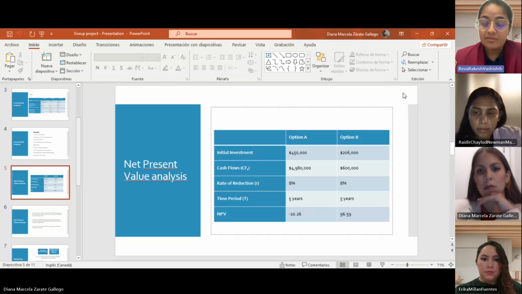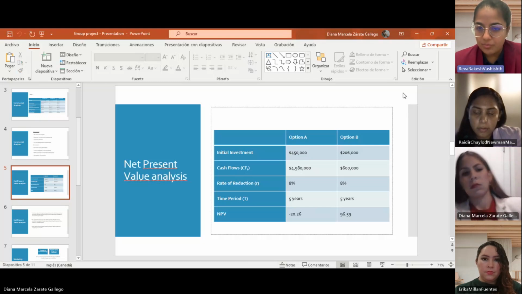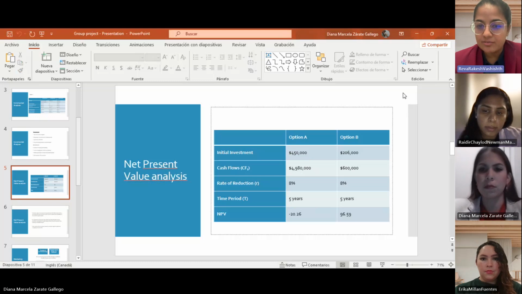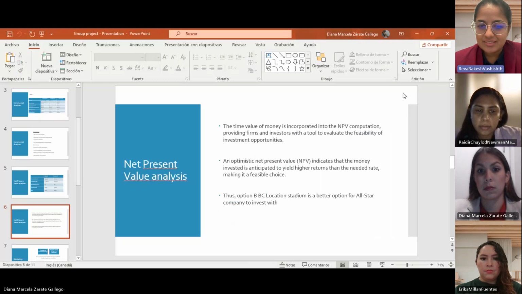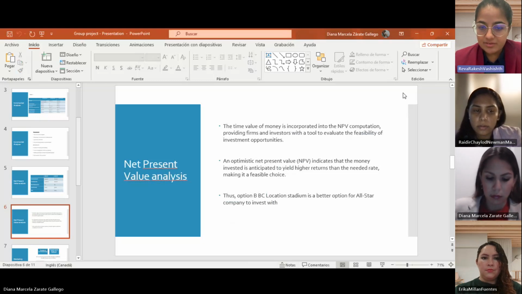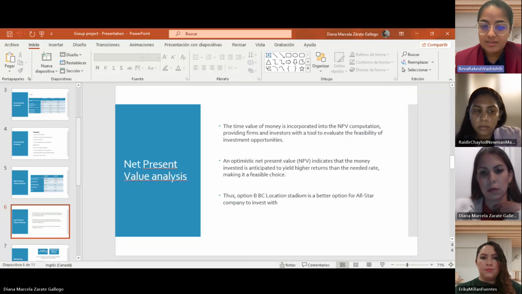Likewise, we calculated the NPV for both cases. Can you go to the next slide, please? Yeah. The time value of money is incorporated into the NPV computation, and a positive net present value indicates that the money invested is anticipated to yield a higher return than the required rate.